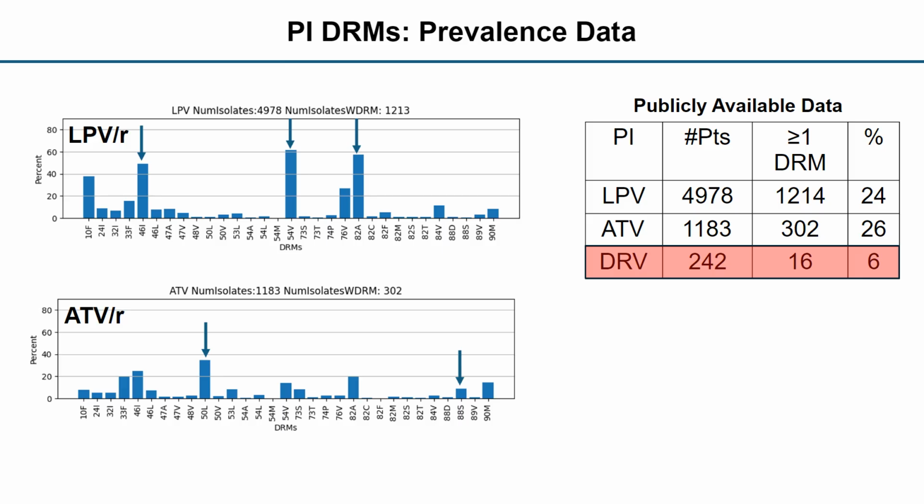Several of these were polymorphic mutations, and others likely represented transmitted PI resistance. Therefore, boosted darunavir appears to very rarely select for PI resistance mutations in previously PI-naive patients.